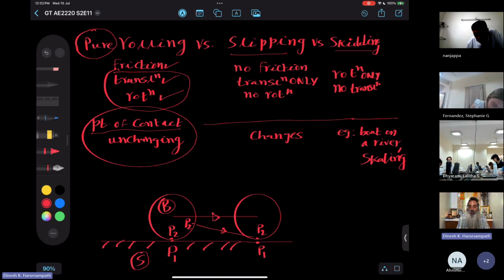On the other hand, these two things that we're talking about, slipping and skidding, are where one of them exceeds the other.